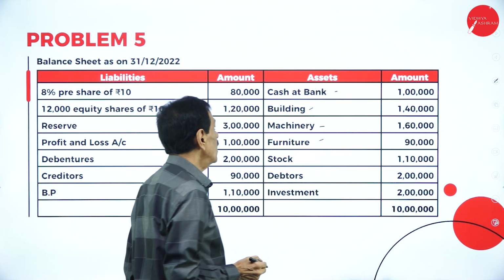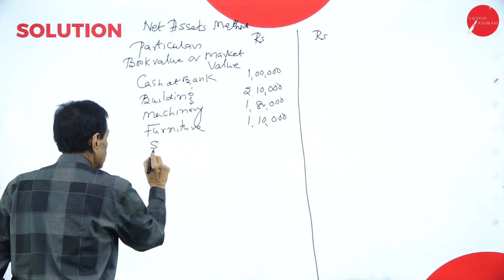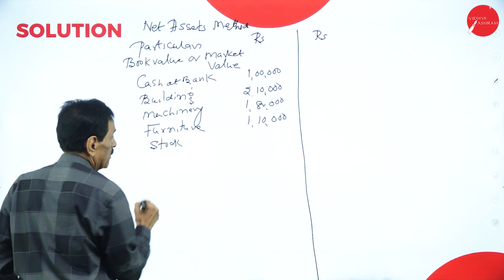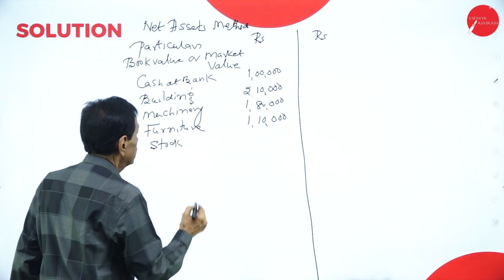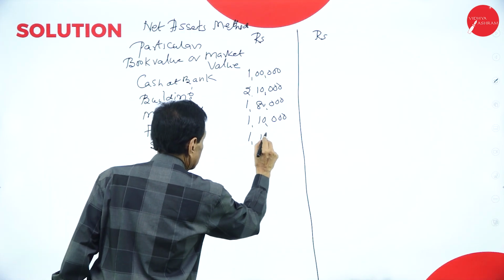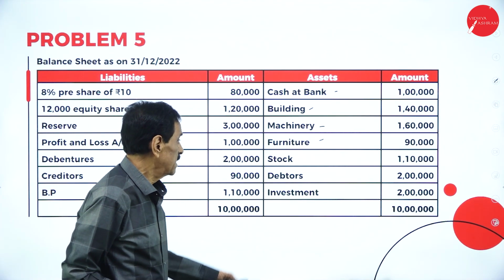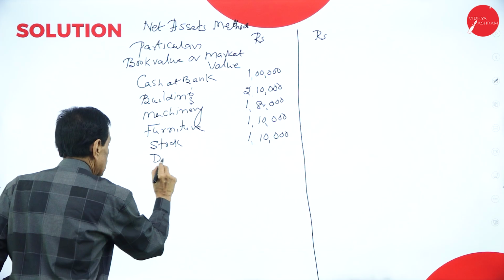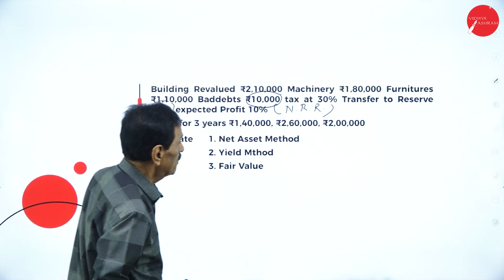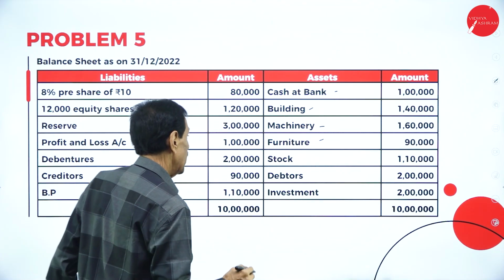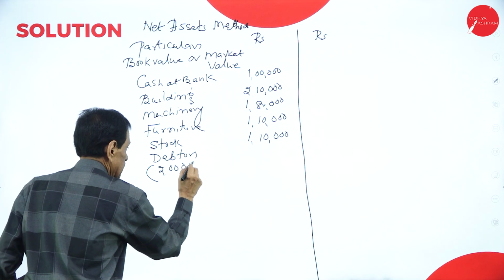Then stock, any change? No. Stock, what's the book value? 1,10,000. What's the next one? Debtors. What's the value? 2 lakh minus bad debt.